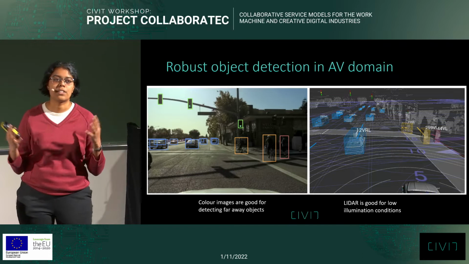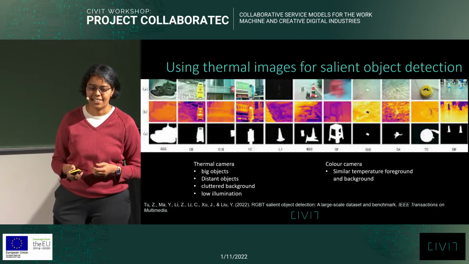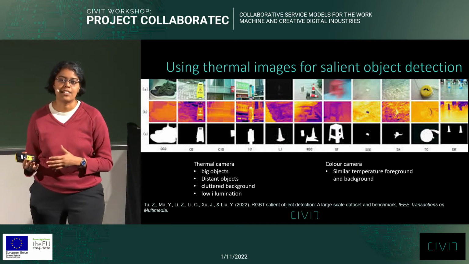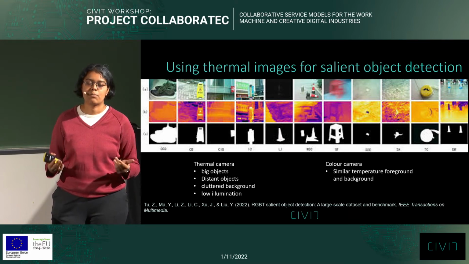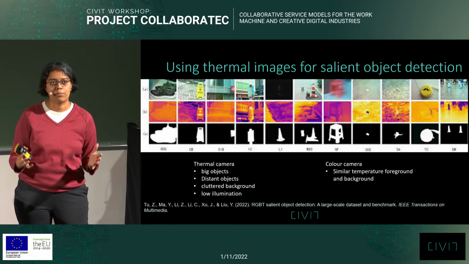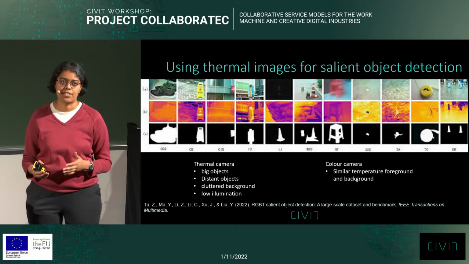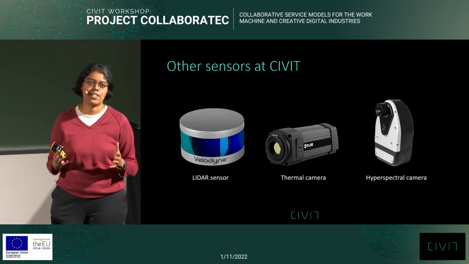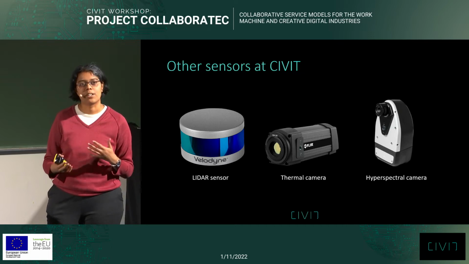So we're combining modalities to address these limitations in sensors. Another interesting example is using thermal along with the color images. Thermal sensors can be used for segmenting the salient object when you have a lot of visual clutter or low illumination, so it works really well. And at CIVIT, we have various sorts of sensors that you can try, and you can find out which modalities work well for your problem.